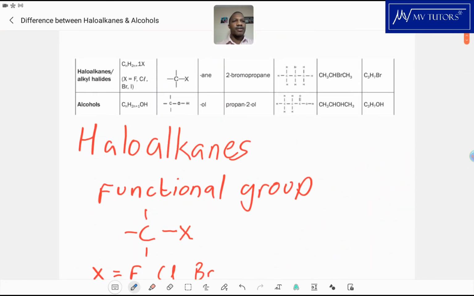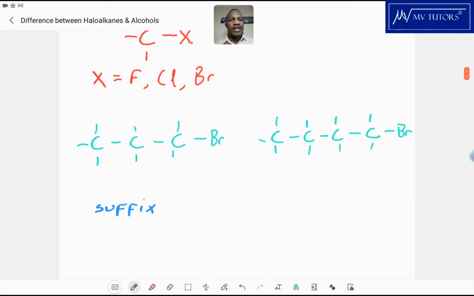Right, so now the suffix of this is the same one as the alkane, so it's going to be an ane in naming them. Okay, so for example, in naming this one, first you look at the X. So the X here is Br, so this is a bromo, so you say bromo, and then you count how many carbons there are. 1, 2, 3. 3 represents what?